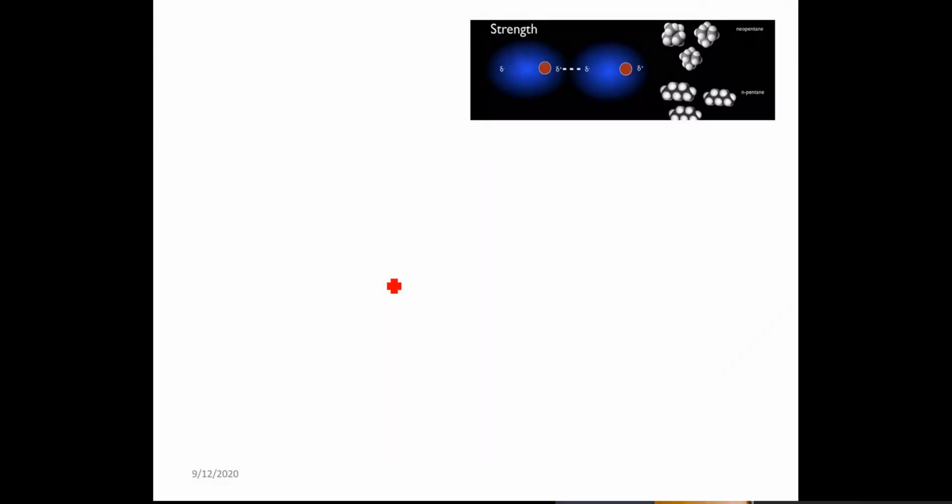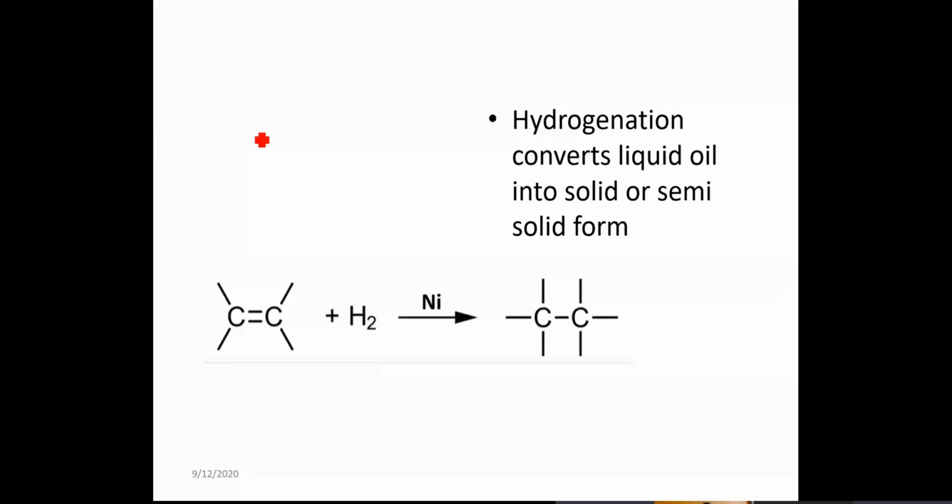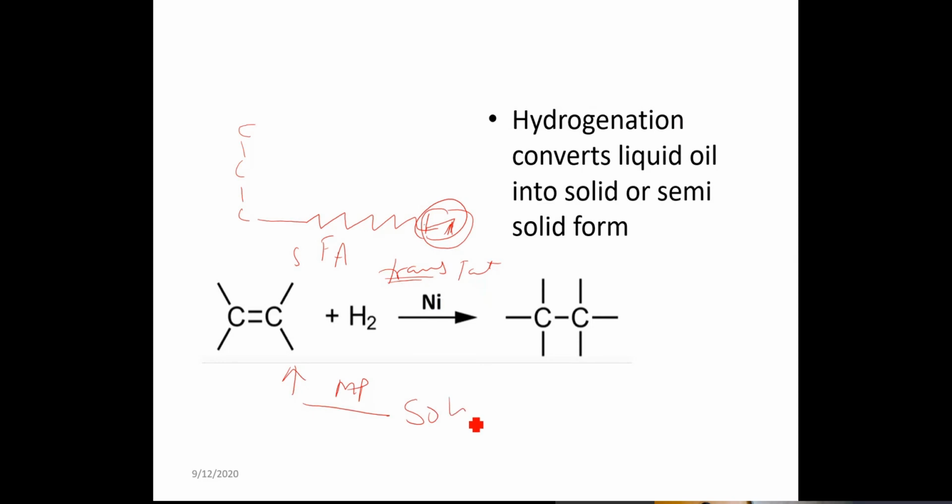In the hydrogenation process, we just saw in the example that this chain was completely straightened, so you got the saturated fatty acid, but at the same time the trans bonds are created, or trans fatty acids are formed, and these trans fatty acids increase the melting point. They are solid, but at the same time they are more dangerous than the natural saturated fatty acids, which are cis.